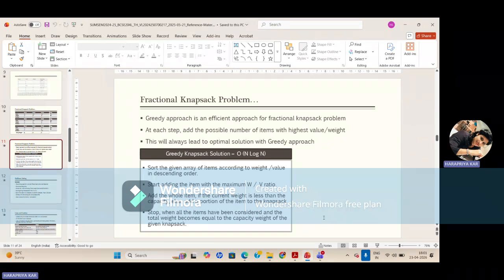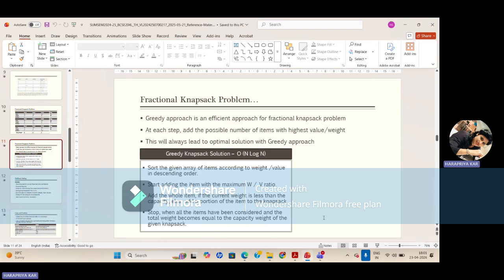Stop when all the items have been considered and the total weight becomes equal to the capacity of the knapsack. Once the capacity reaches zero, you cannot add any more items to the bag.